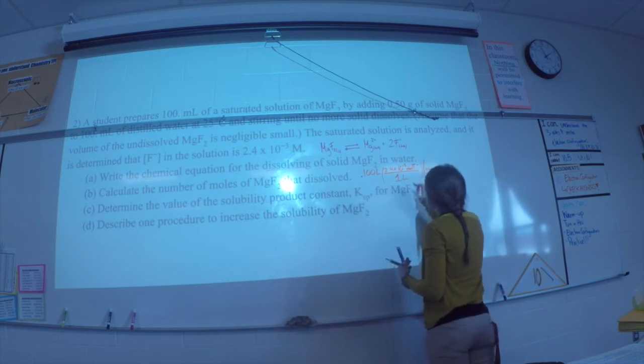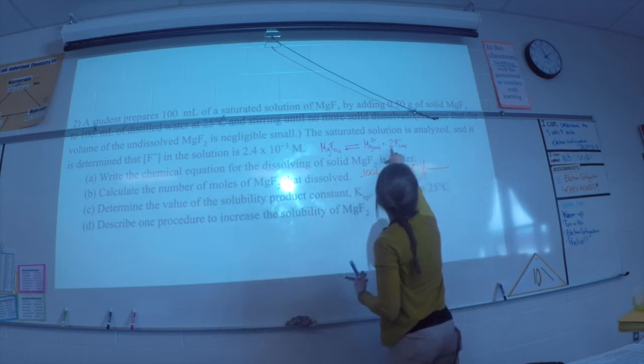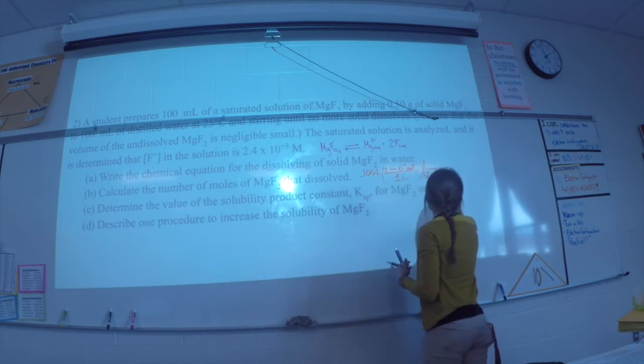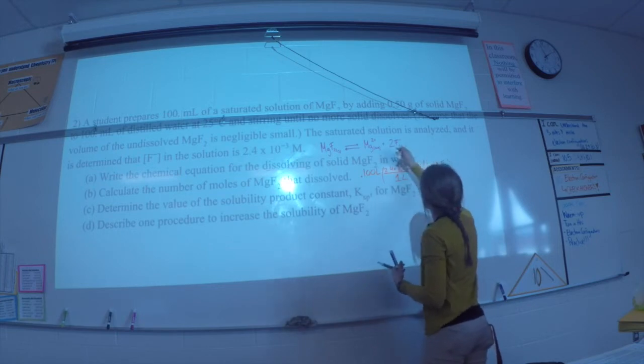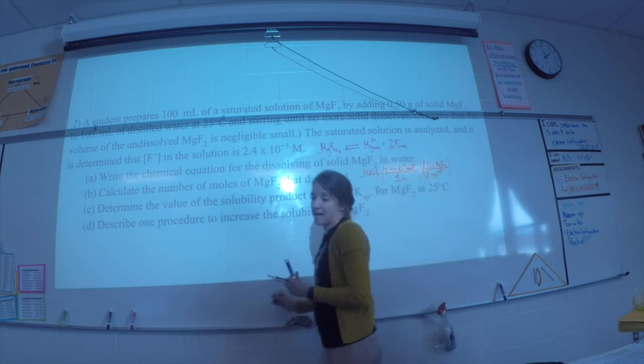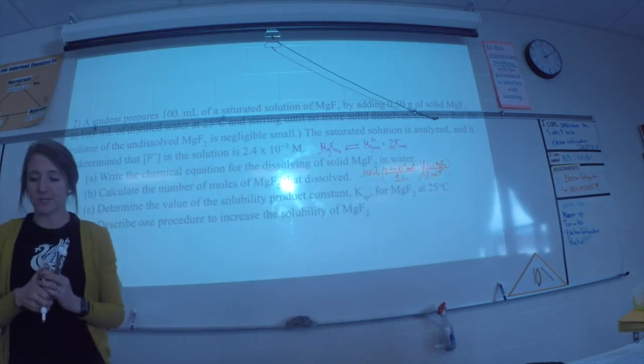Then I can go from, for every 2 moles of F-, I have 1 mole of MgF2. That 2-to-1 ratio just came from the balanced equation.